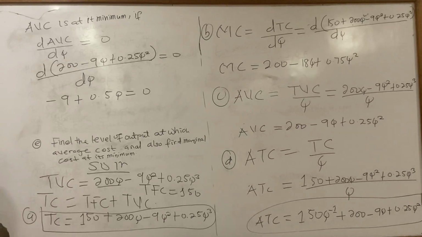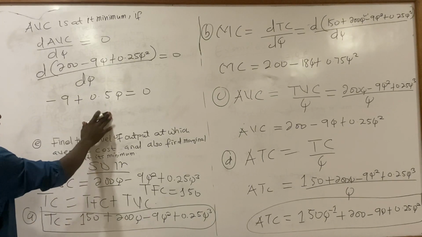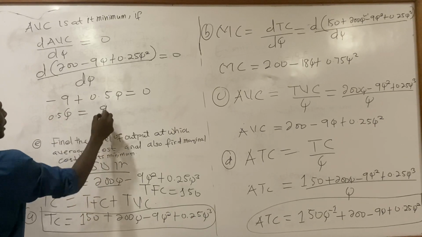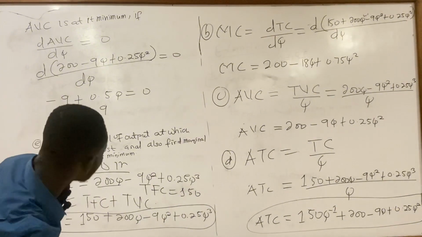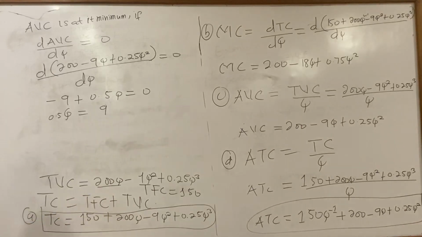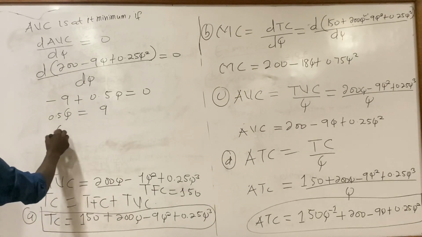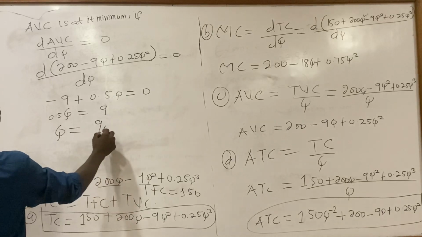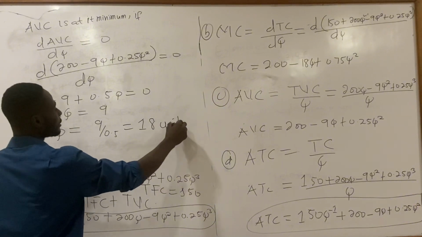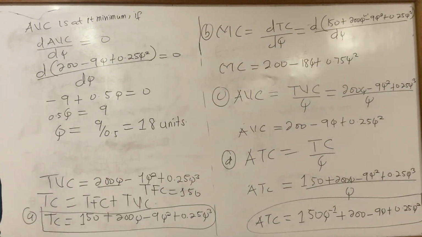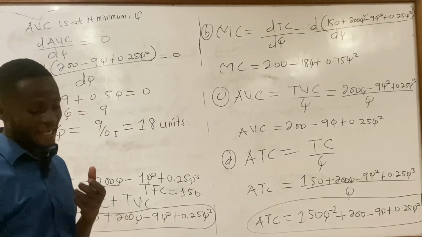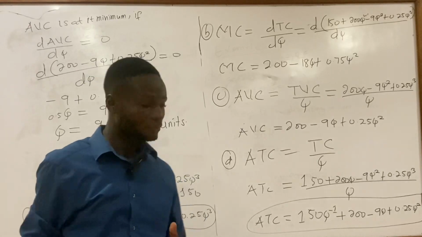All right, so from here we solve for the output, which is the q, and say 0.5q should be equal to 9. So our output is going to be 9 over 0.5, and that will give us 18 units. All right, so this is the level of output at which AVC is at its minimum.